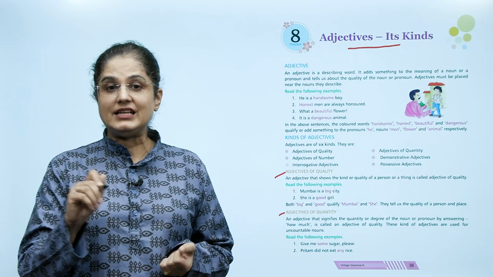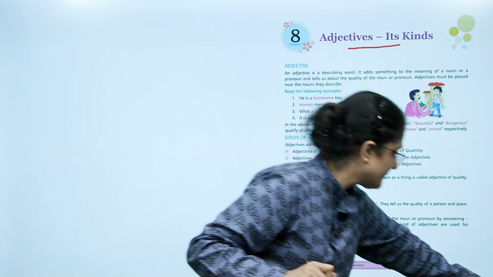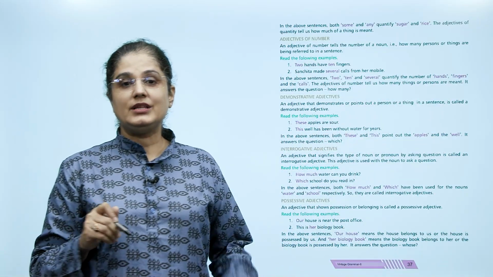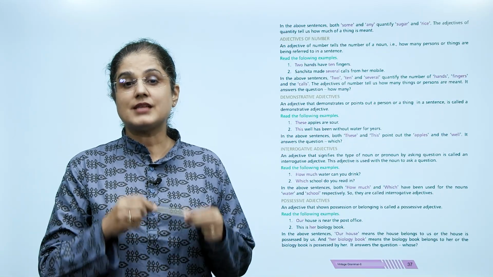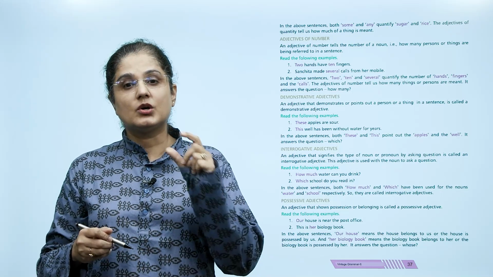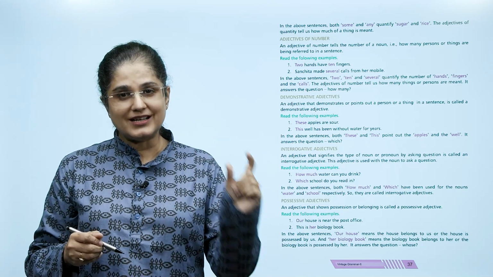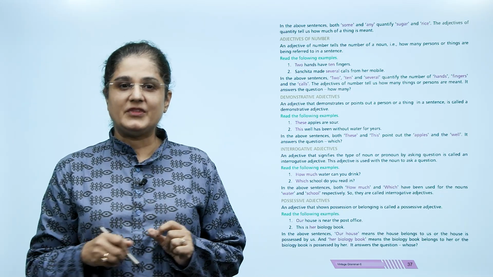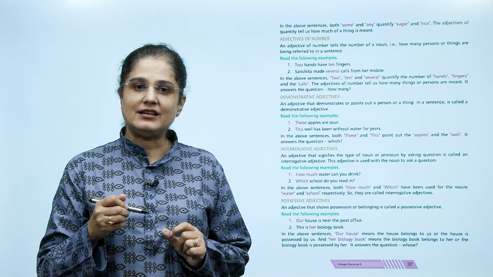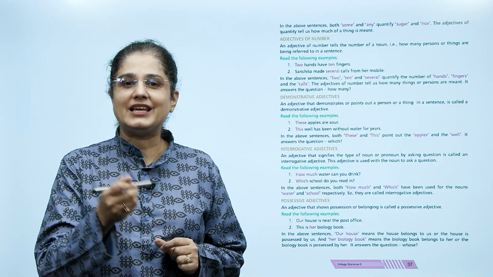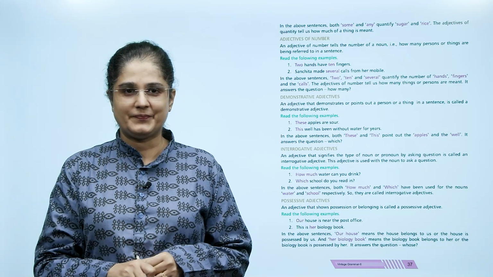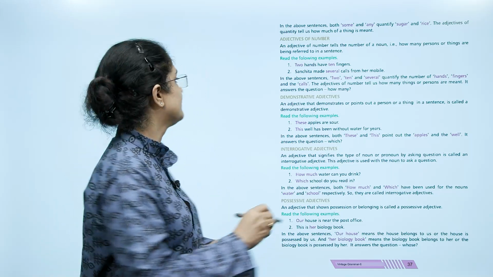Preetham did not eat any rice. Now in these sentences, some and any quantify sugar and rice. The adjectives of quantity tell us how much of a thing is meant.